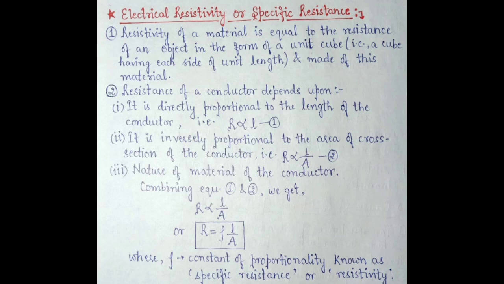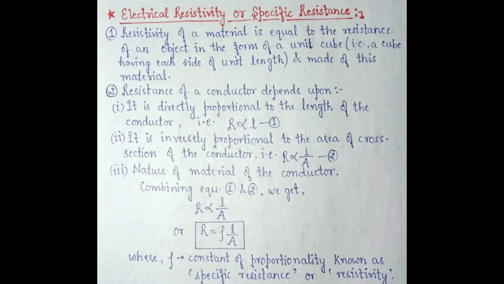So in the next line, which is enclosed in a box, that is R equals rho L upon A. I think this formula is clear to most of you, and most of the students already know this formula, because you have also read this in your class 10th. So this is the final formula for the resistance, that is R equals rho L upon A, where rho is the constant of proportionality known as specific resistance or resistivity.